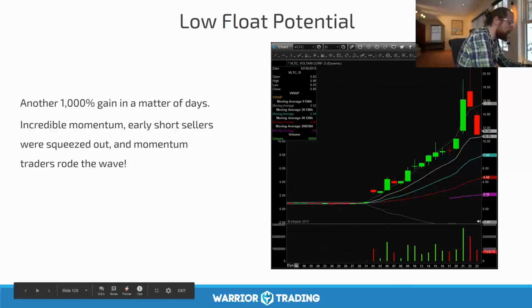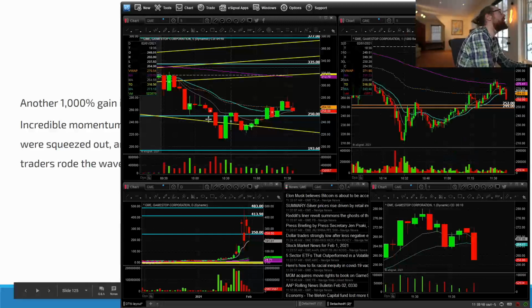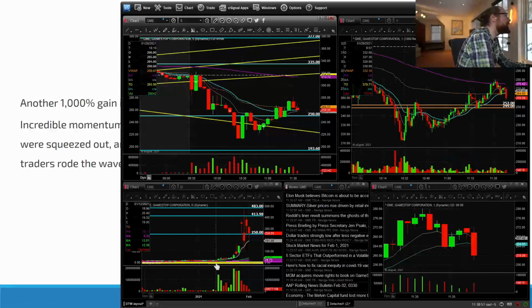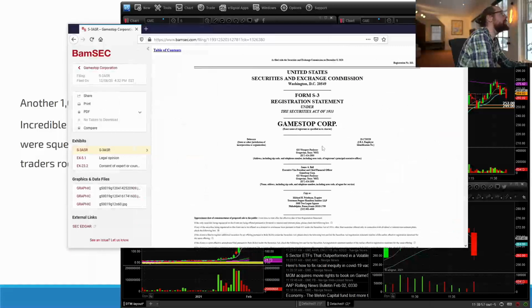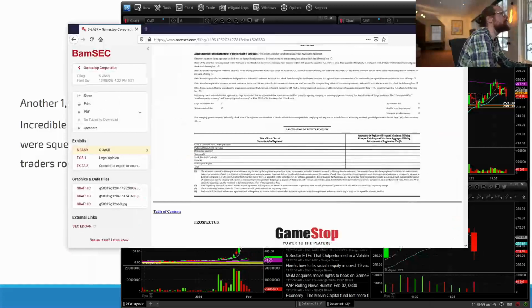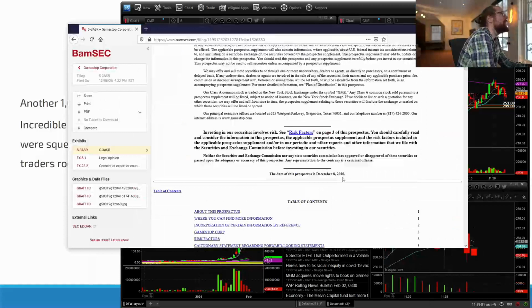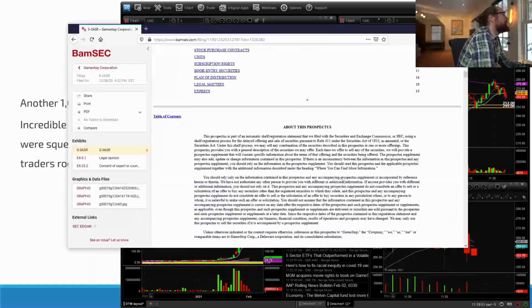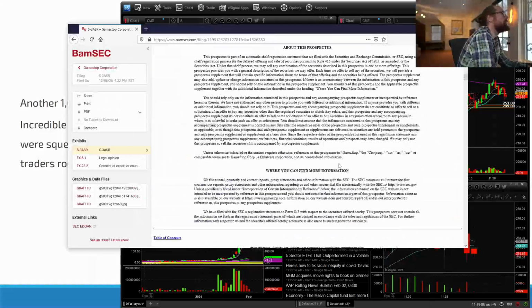Well, GameStop actually has a shelf registration right now. And look, this has gone from $19 to $500 a share, 483 regular trading hours. The shelf registration is over here. It says it's an automatic shelf registration that was filed. And so, it's sitting right here. And people can clearly see this.